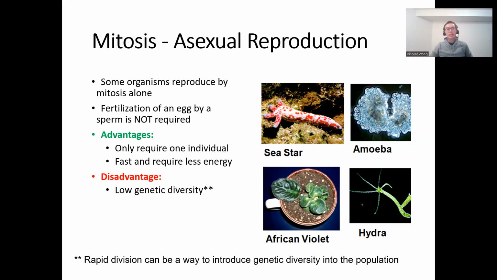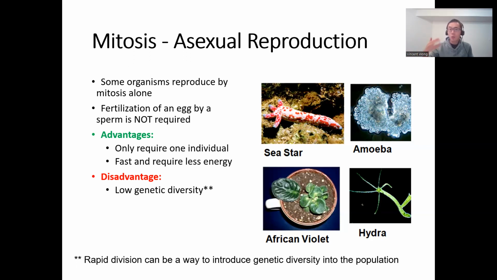But some organisms solely rely on asexual reproduction, which is just the organism by itself. They don't need a partner, and no fertilization between eggs and sperm is necessary. They are able to just make copies of themselves.